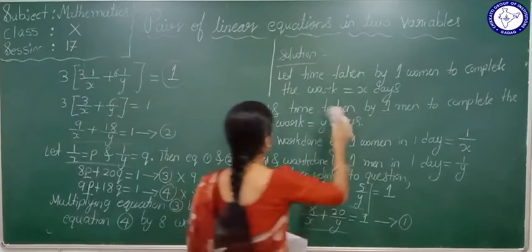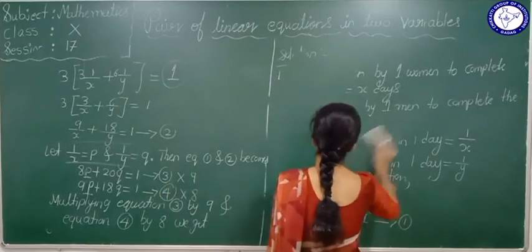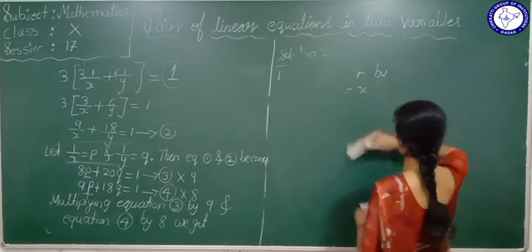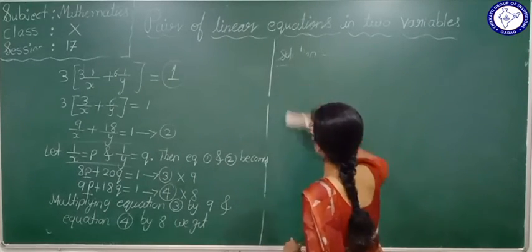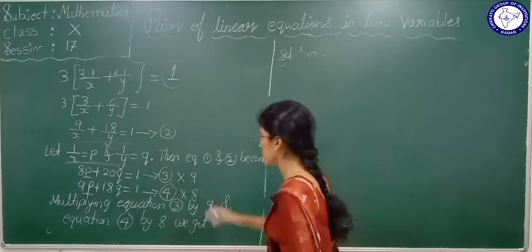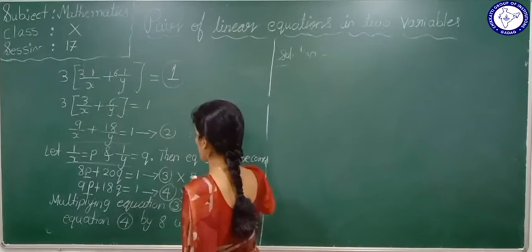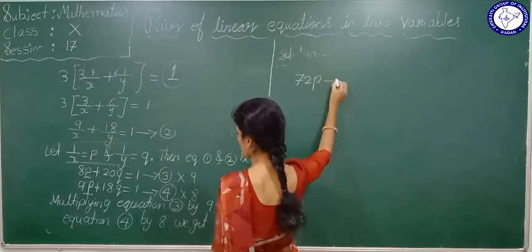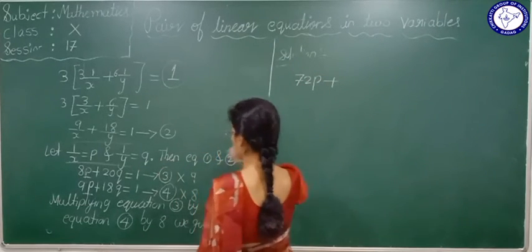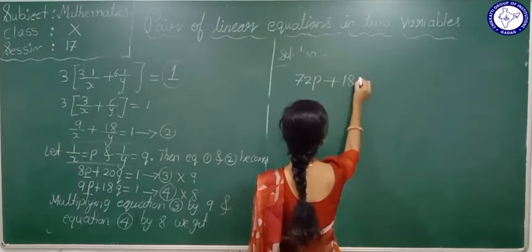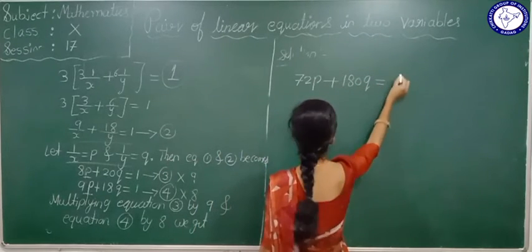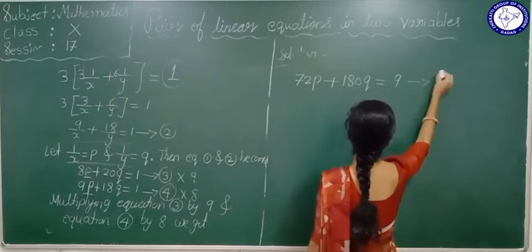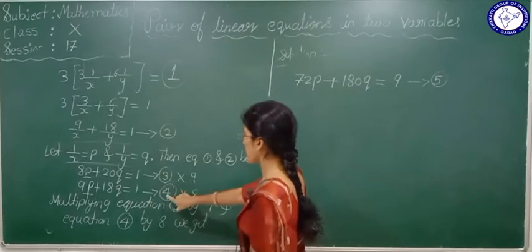If you multiply equation 3 by 9, 8 9s are 72p plus 20 9s is 180q is equal to 9. Call this equation number 5. And multiply equation 4 by 8.